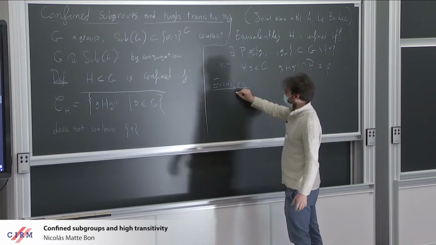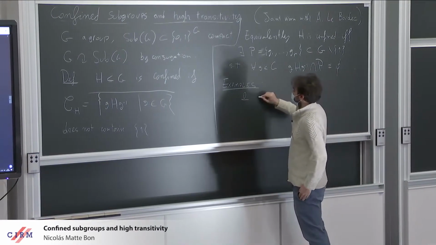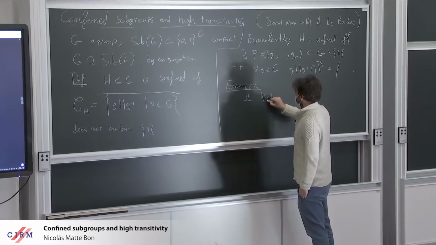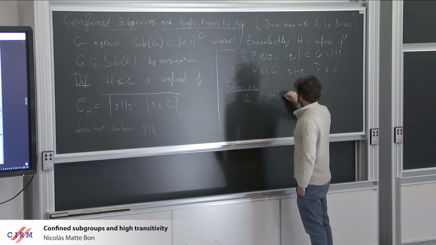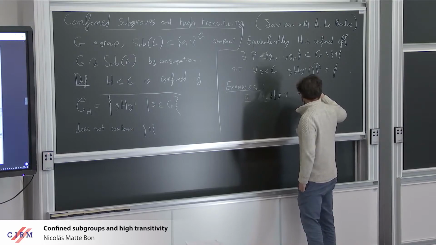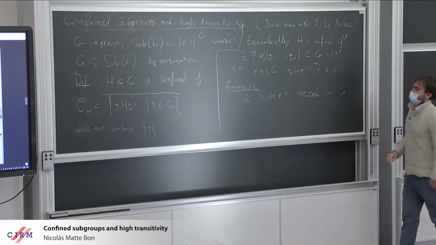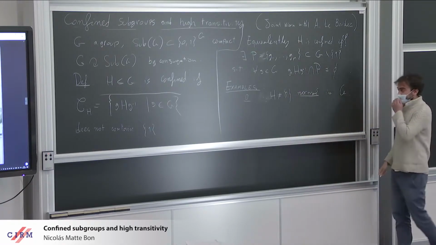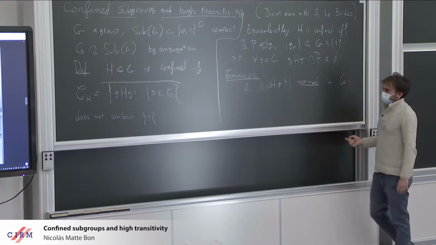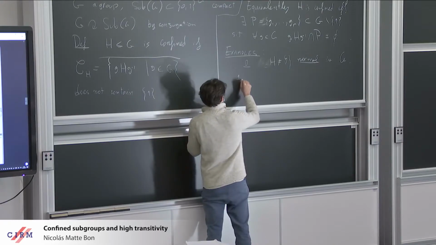Example 0 is if you take H a non-trivial normal subgroup, it is confined just because it's a fixed point for that action. This is somehow a very trivial case.